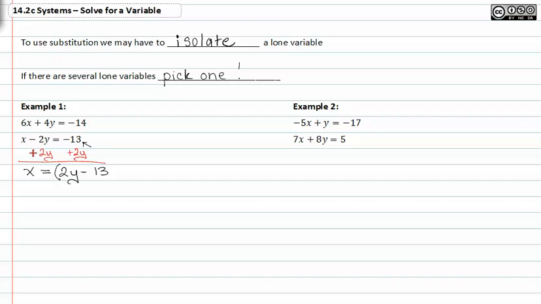Now that I have isolated x, I can substitute this value in for x in my first equation. I'm going to call this my first equation and this my second equation.